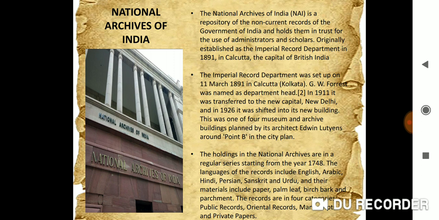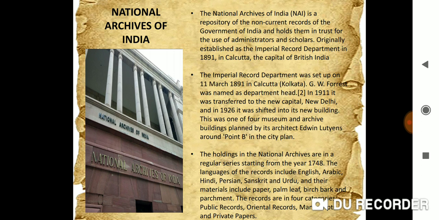All of you know that in 1911 the capital was changed, and for this reason the Imperial Record Department was also transferred. And in 1926, it was shifted into the new building, and finally today, where the National Archives of India stands, that area, was shifted in the year 1926.